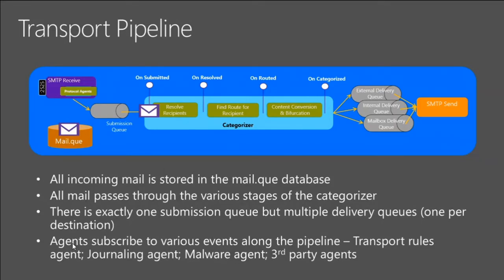If there is a forwarding rule present, during the resolve event, that's when we'll determine that this mail needs to get forwarded to another mailbox. So that's what happens. We resolve the recipients first. So now we know what we are dealing with, who they are. The next phase is to actually determine the route for these recipients.